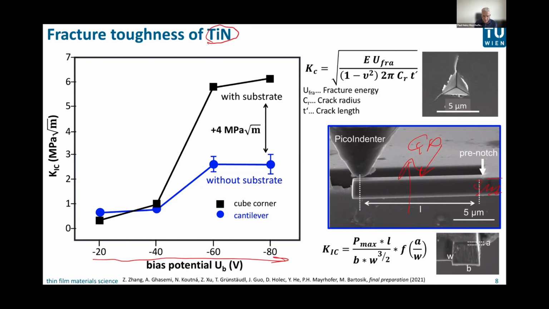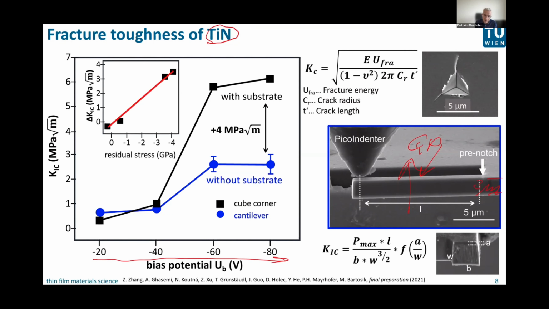And if we investigate various different materials, then what we very often observe is that we have a delta in K1C of roughly 1 megapascal square root meter per 1 gigapascal compressive stresses.